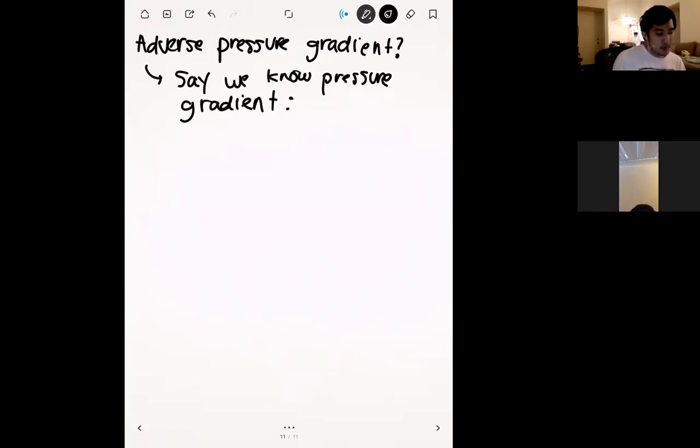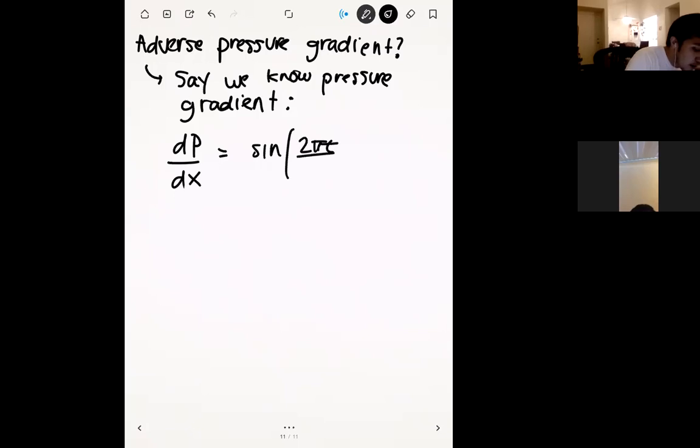Let's say we have some kind of really weird pressure gradient, and let's say we know that it's equal to, I don't know, sine of 2 pi y over L, something like that.